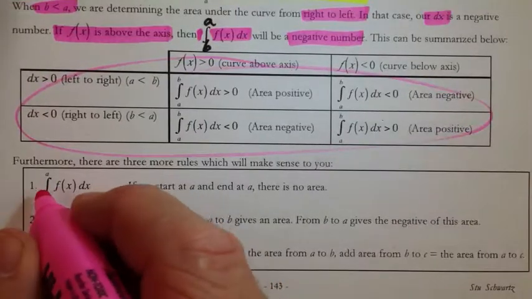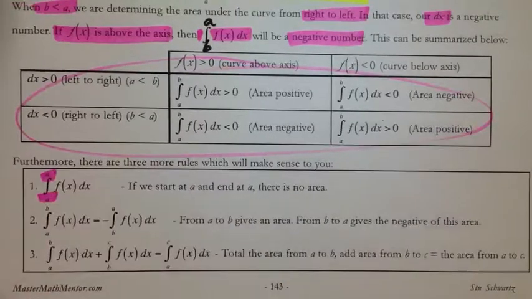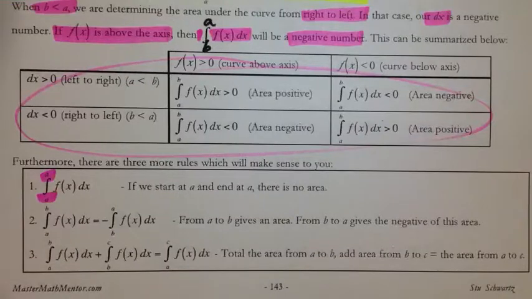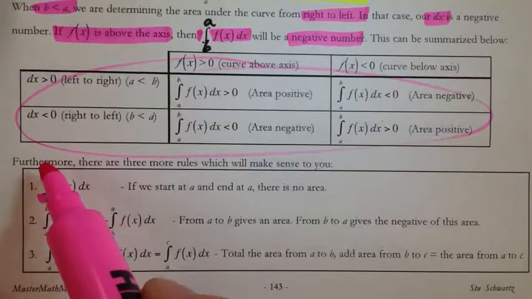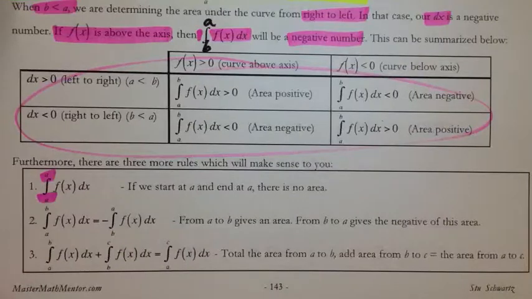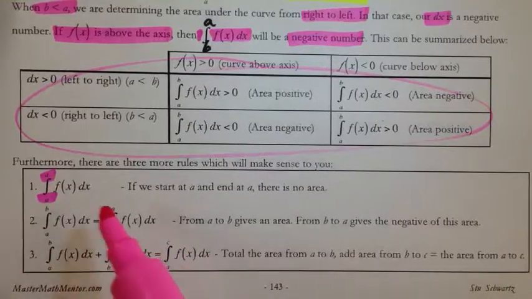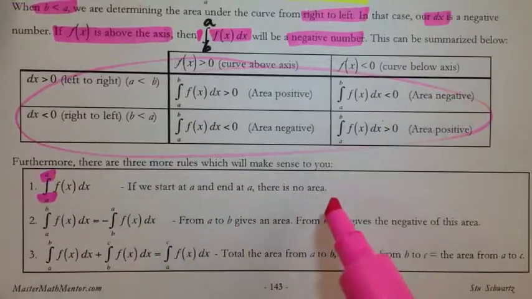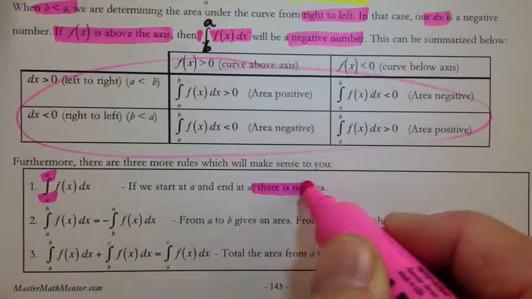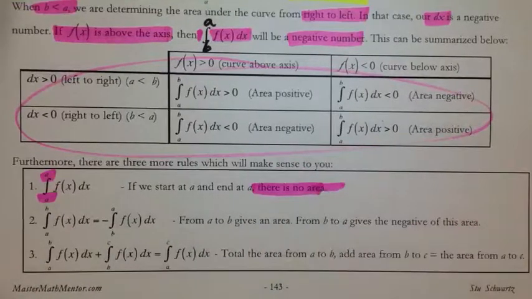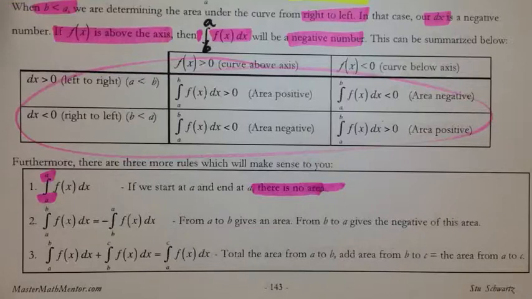So if you integrate from a to a, in other words, when the lower limit and the upper limit of integration are exactly the same, then you're not moving left or right. You're not adding up any rectangles at all, and therefore there is no area. So I want you to think of this definite integral as area.